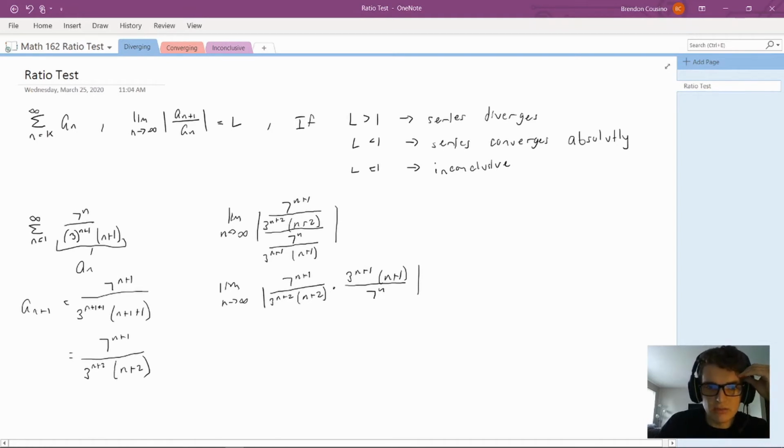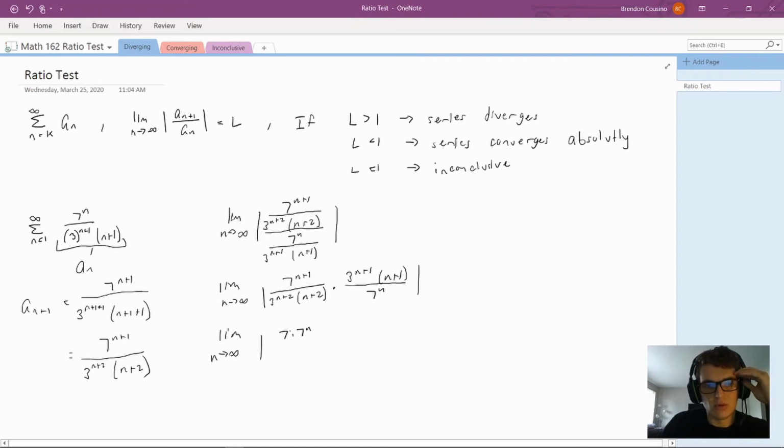So I'm actually going to rewrite some of these exponents. So this 7 to the n plus 1, we can rewrite that as 7 times 7 to the n. So it's going to be the limit as n approaches infinity of, so our top we can go 7 times 7 to the n. And the reason we can do that is because when we're multiplying these bases, we add their exponents.